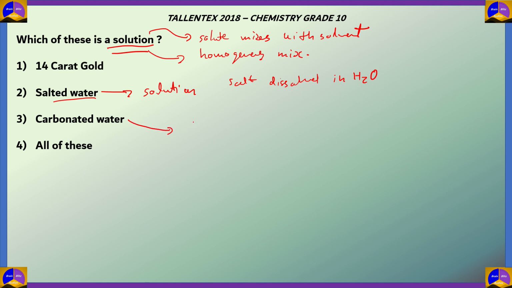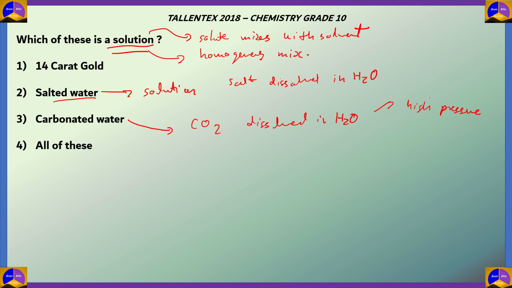Now if you look at carbonated water, it's basically CO2 dissolved in H2O. Now this is done under high pressure, not exactly under atmospheric pressure, because at atmospheric pressure the gas would just bubble out.